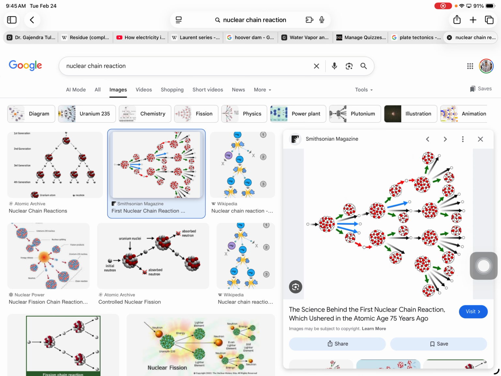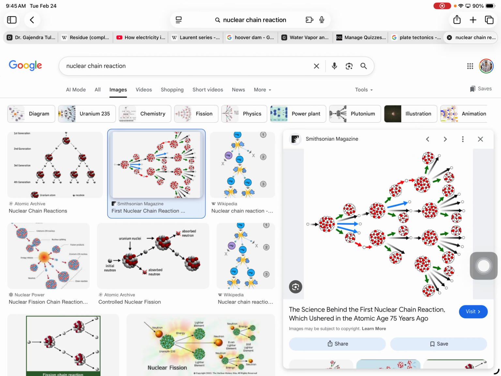So if none split, the reaction dies. If less than 1 causes a reaction, the chain reaction will die. If exactly 1 causes a further reaction, that can be maintained till you run out of fuel. And if more than 1 causes a further reaction, that's an atom bomb.